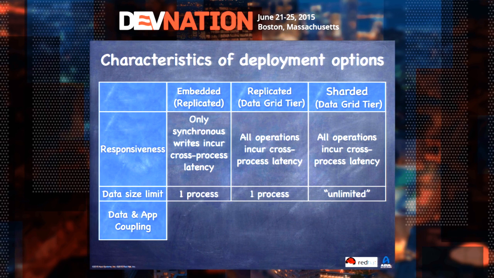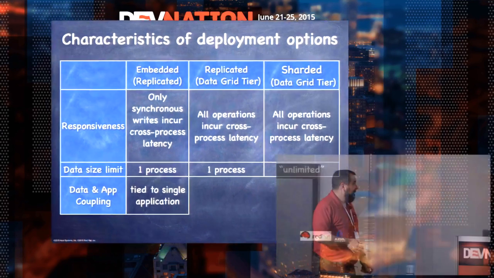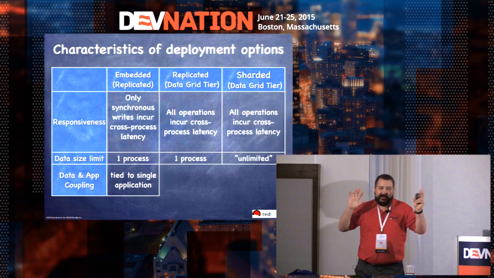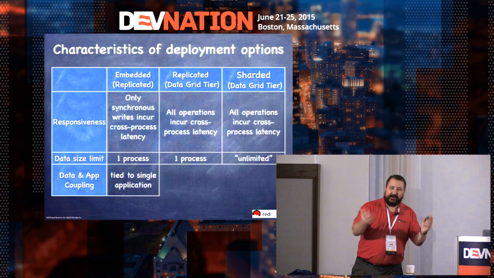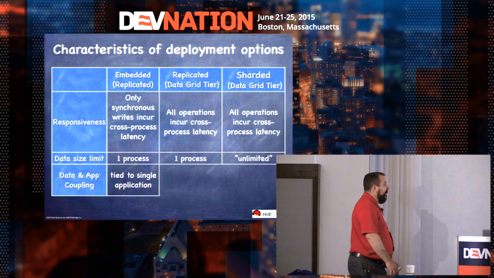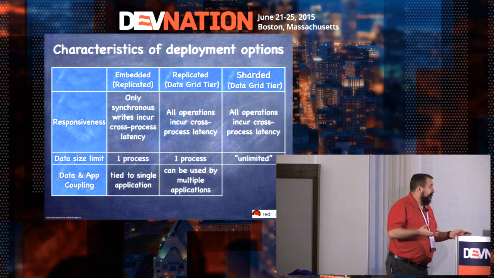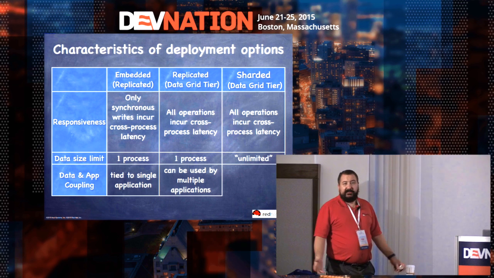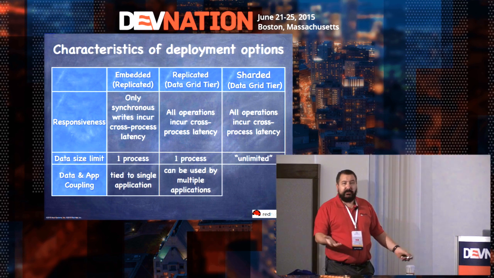So if we look then at this idea of data and application coupling, right? We're going to see that in the embedded model, my data is really glued to the application that it's co-resident with. On my replicated data grid model, I can basically use my data grid for multiple applications, right?